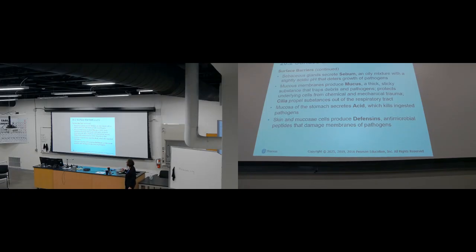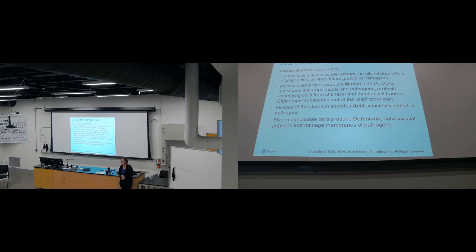In the mucous membranes, we have goblet cells that produce mucus that helps to trap these pathogens. We also have enzymes that can be secreted, like lysozyme, that can destroy the bacterial cells, the bacterial wall. And then we have physical extensions like the cilia that help to sweep away any pathogens.